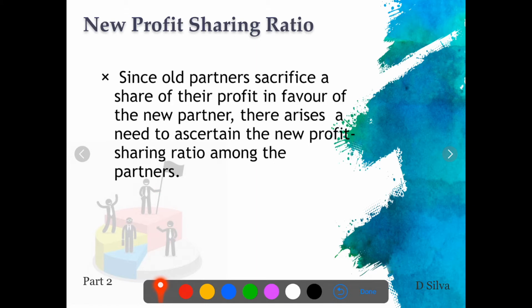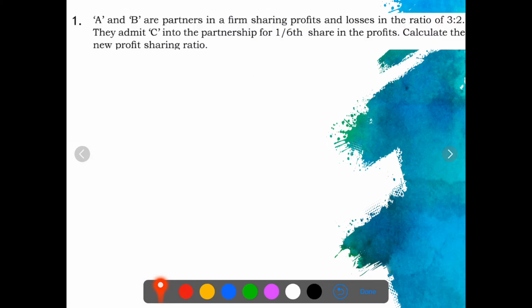So let's work out a simple problem on new profit sharing ratio. Question number 1. A and B are partners in a firm sharing profits and losses in the ratio of 3:2. They admit C into the partnership for 1/6 share in the profits.